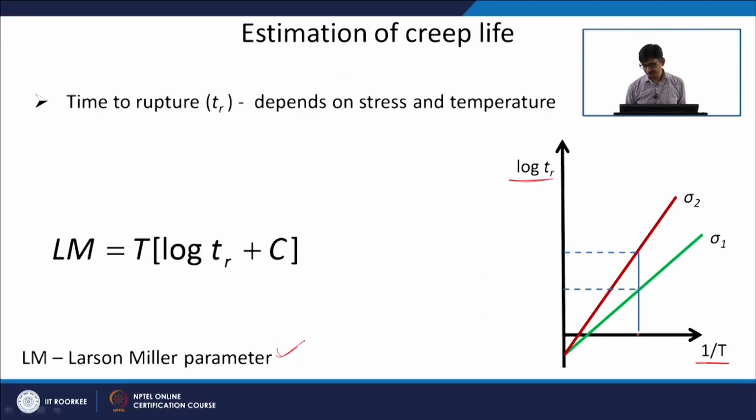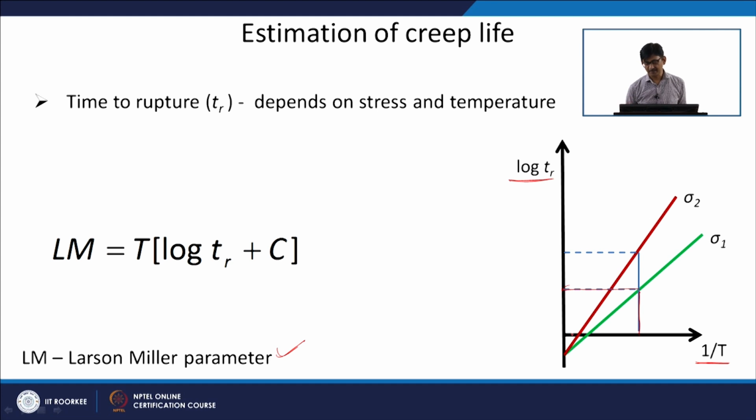Okay. So, for example, if I am using this particular material at a condition where the stress is going to be sigma 1, at this temperature, then this will be the time to rupture.